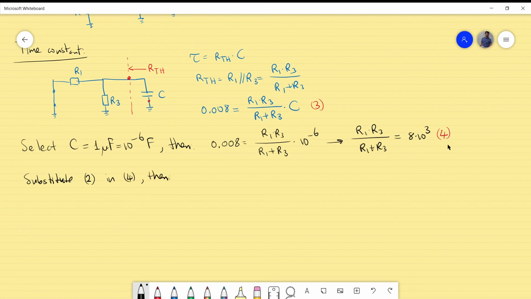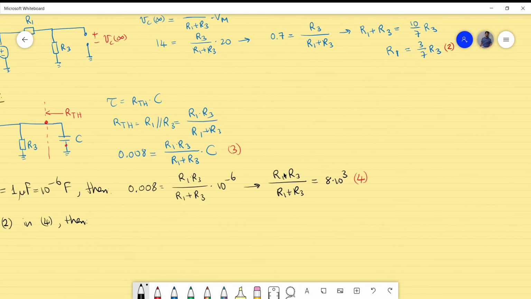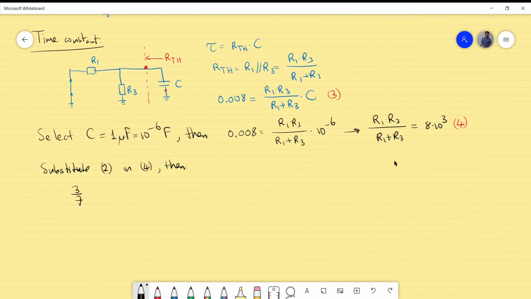We have 3 divided by 7 times R3 as R1, so I will fill in R1: 3 divided by 7 times R3, times R3, divided by 3 divided by 7 times R3 plus R3, is equal to 8,000.